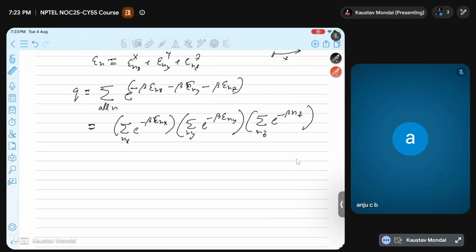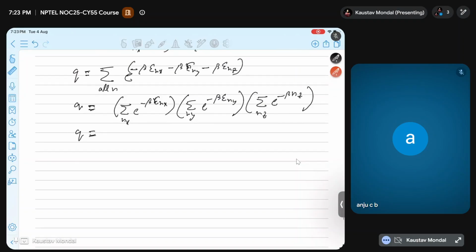So q, the 3D partition function, is basically the multiplication of the partition functions of the x, y, and z axes, so qx into qy into qz. If you calculate the partition function along each direction and multiply them, we'll get the partition function for a 3D system.